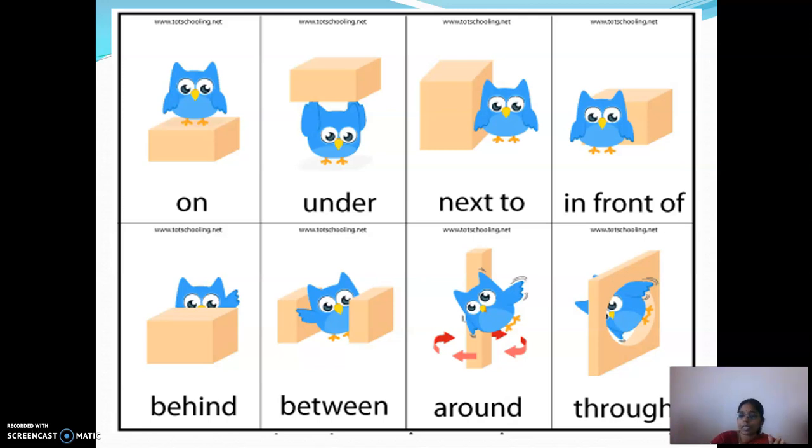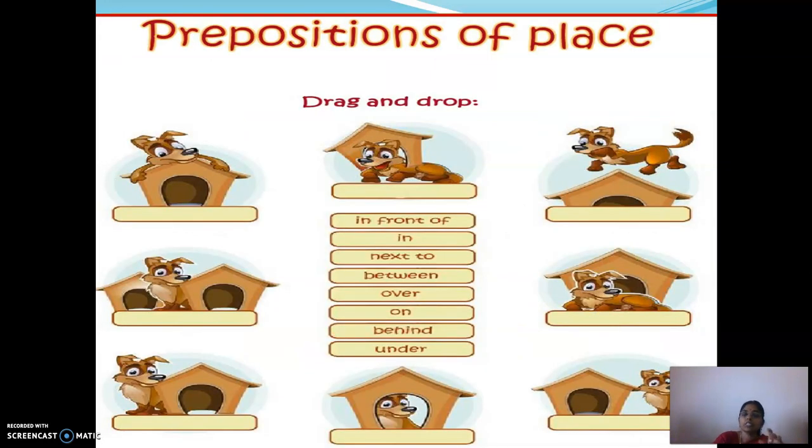All these pictures I am showing again and again to help you remember the prepositions, right? So this is a matching exercise and you have to match. You cannot drag this because this is an image, so you have to match it. Write the first one. What is the answer?